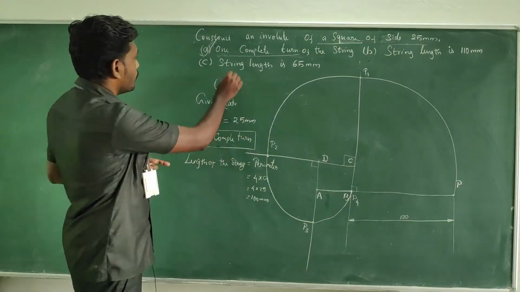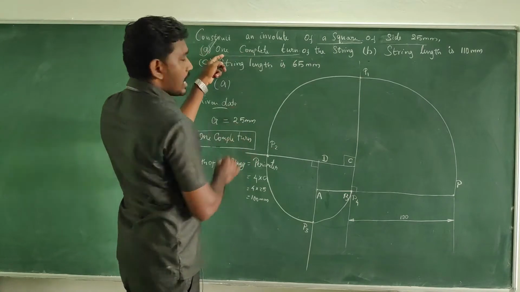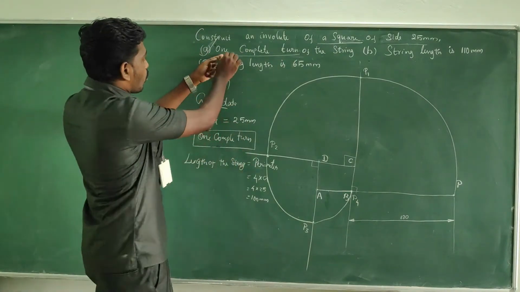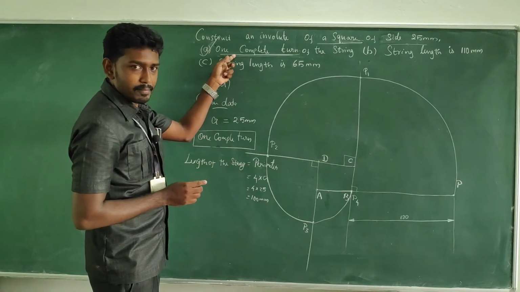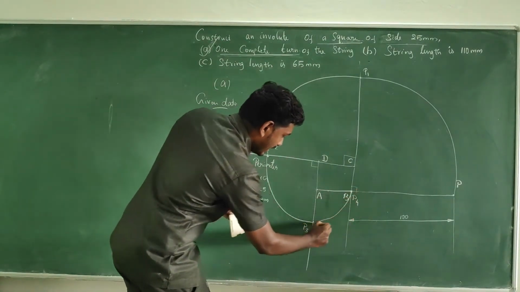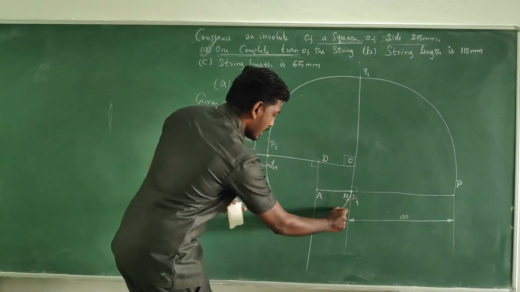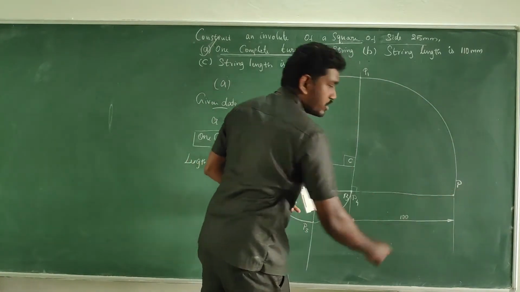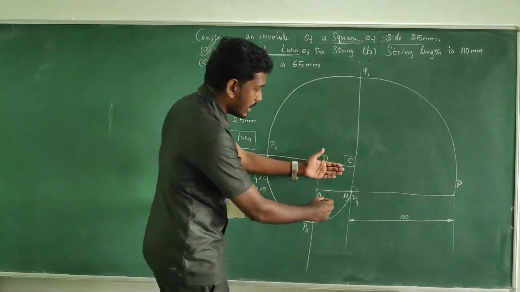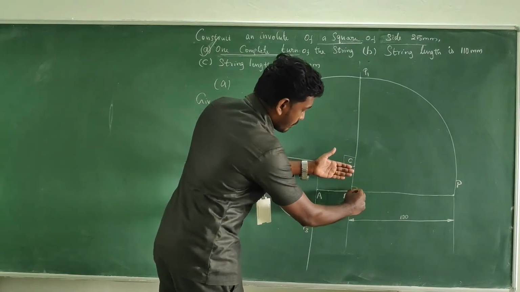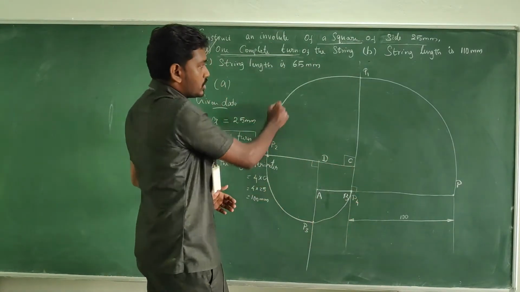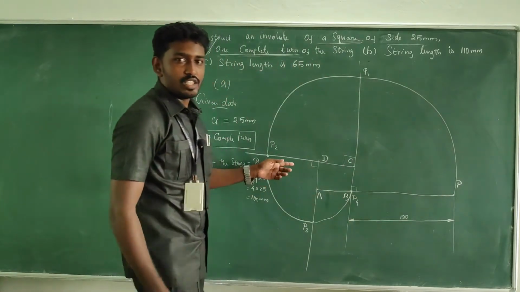Okay, so we are done with our trace for one complete turn. When we are unwinding, what happens? It comes in this manner. From the polygon, when we unwind the thread from the point B, we could see the trace in this manner.